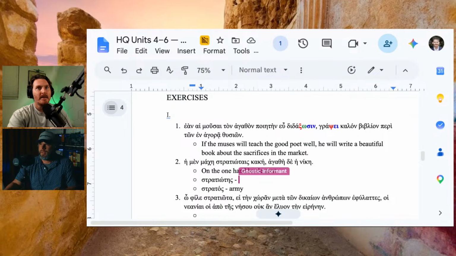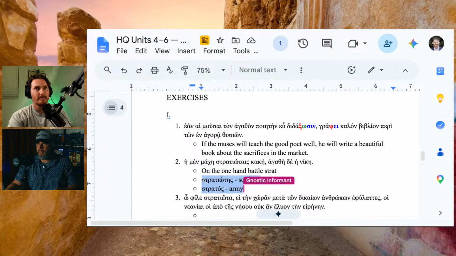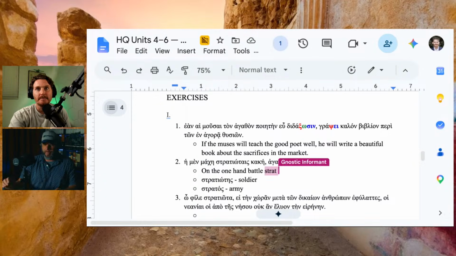Well, it's the iotis that participates in the army. Soldiers. Yeah, it's a soldier. This is a singular soldier, but here you have a plural, soldiers. Okay, soldiers. I'll keep those on the screen just for people to reference. On the one hand, battle soldiers.